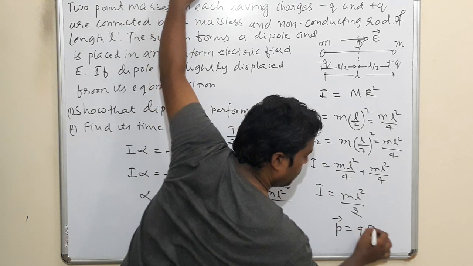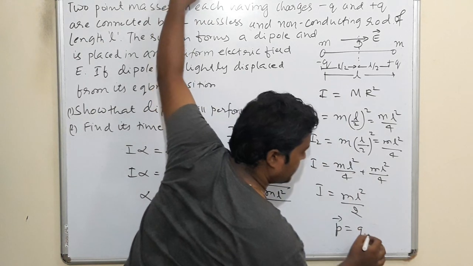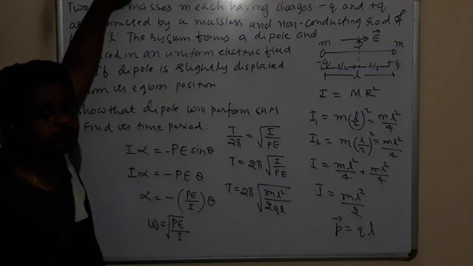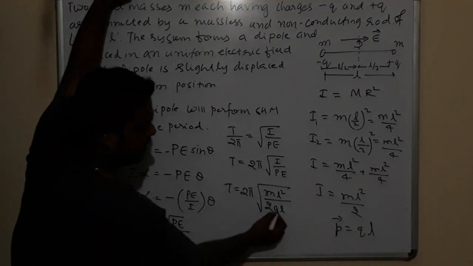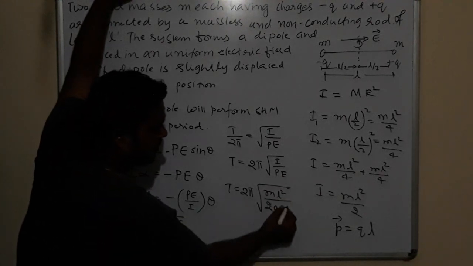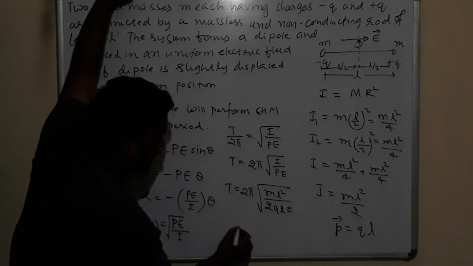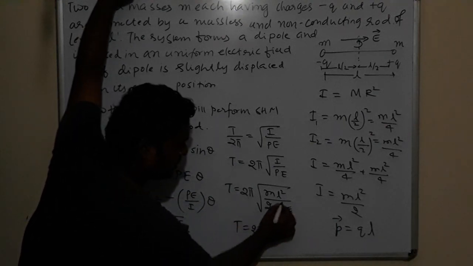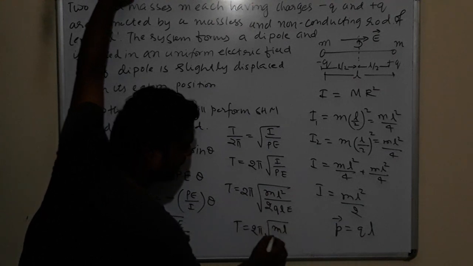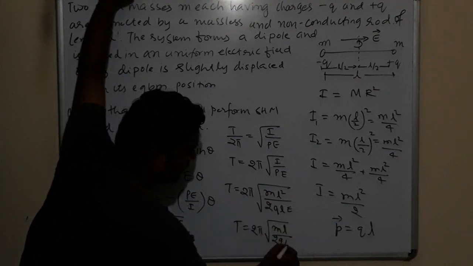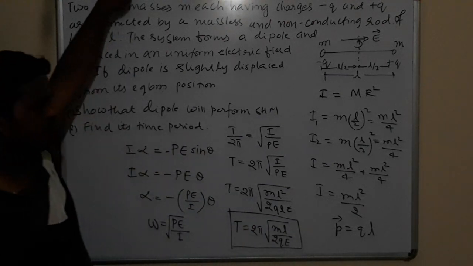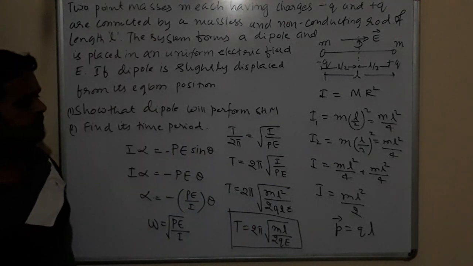Dipole moment is charge into distance, Q into L. So in place of P I will write Q into L, and here I will write E. Then this time period will be 2 pi root of ml divided by 2QE. Understood?